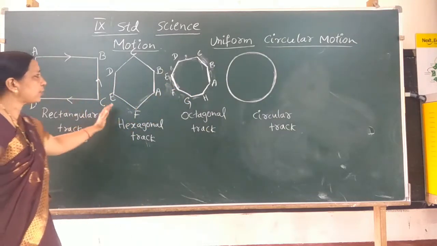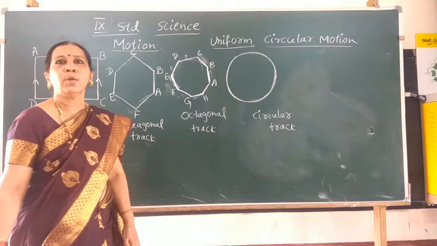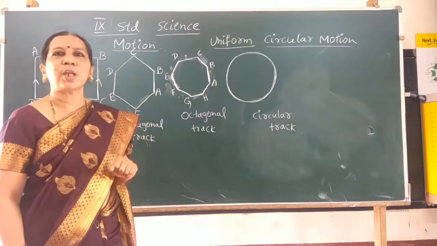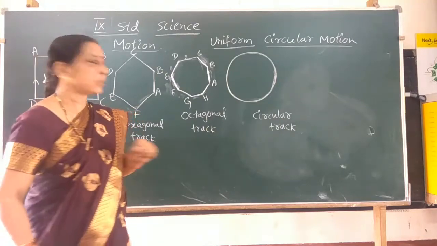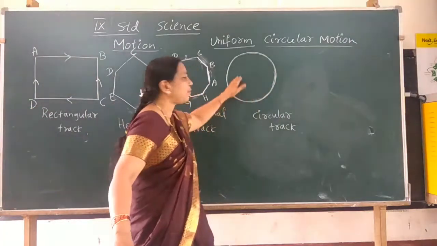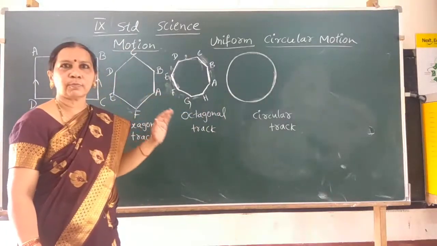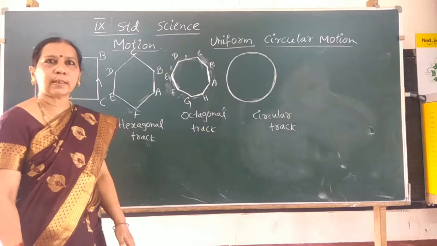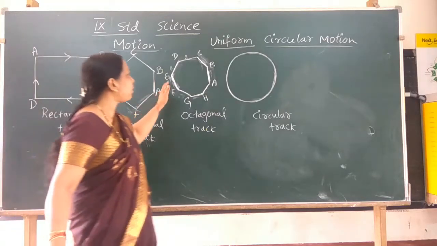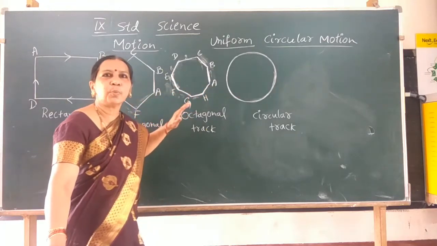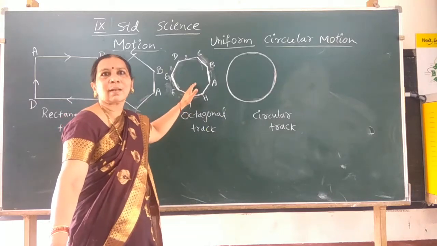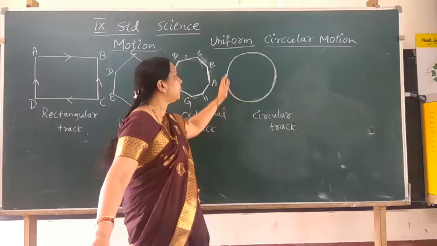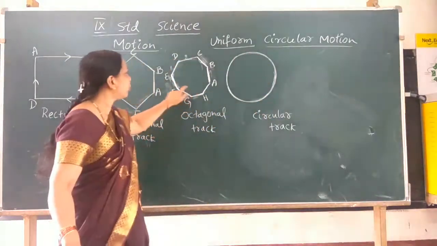As the number of sides goes on increasing, what is happening to the shape of the track here? The shape of the track approaches the shape of a circle. Observe the shape.